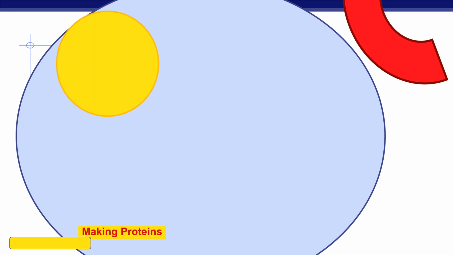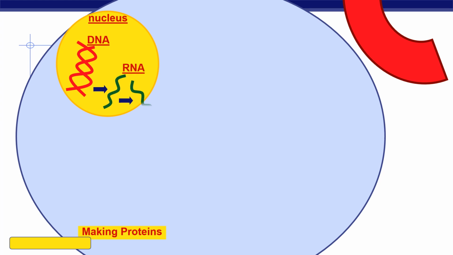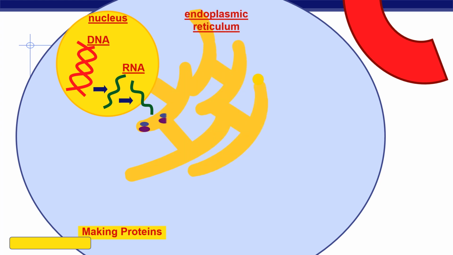So look at this diagram very well. Okay, so I'll just click and try to understand. Okay, so that's how the different organelles work in making proteins.